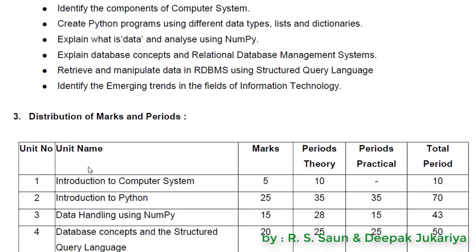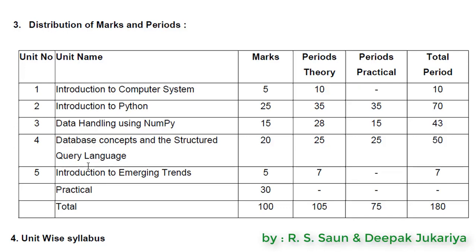Now let us come to the more important part, that is the topics you are going to be learning this year. The first is introduction to computer systems. Here you are going to see the basic structure of a computer: CPU, ALU, input, output, printing devices, operating system, application software, etc. You have learned these in previous classes, so we are not going to discuss them in great detail.